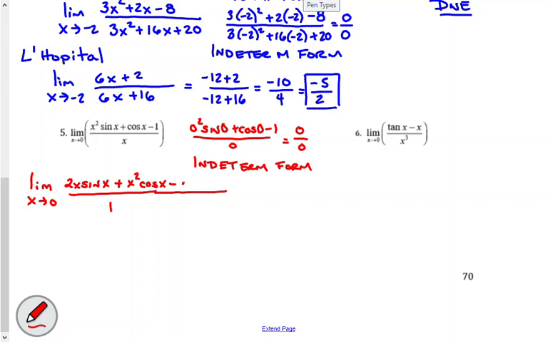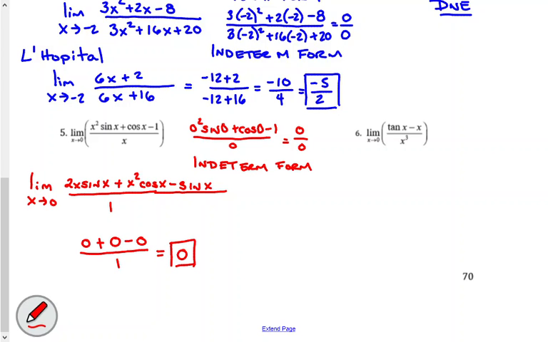Minus sine x, and then the derivative of 1 is 0. Okay, now let's plug in 0. So 2 times 0 is 0 plus 0 minus 0 over 1. That's okay. We don't have to do L'Hopital's again. We just get 0 as our answer.